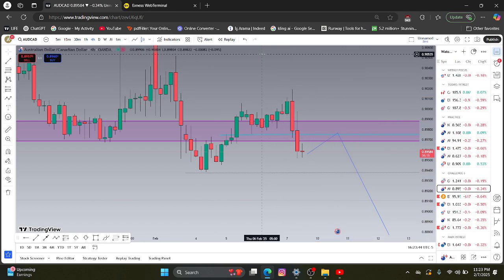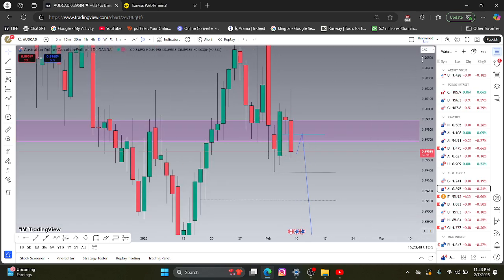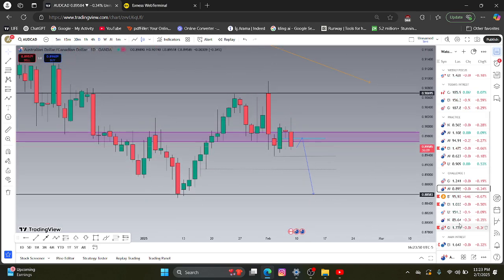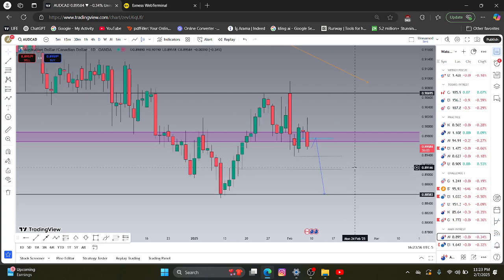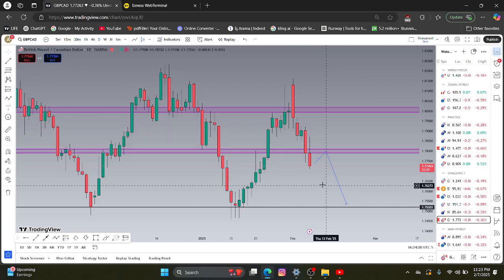So this is our second pair of interest. Yeah, I'll be very interested in taking this trade. I also have this one. As you can see, this trade is literally the same thing, guys, of what I've been explaining.